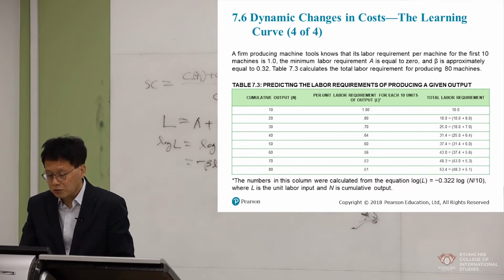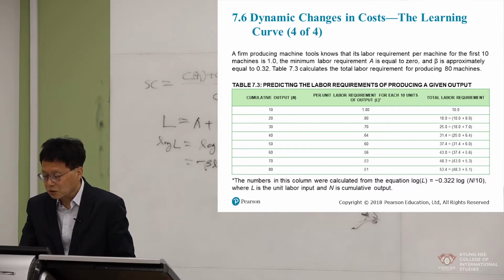When you produce the next 10 output, so accumulated output is 20, what happens? For 10 to 20, the unit requirement is 0.8 instead of 1. So total labor requirement is 10 for the first 10 units, plus this one multiplied by the next 10, so 18.